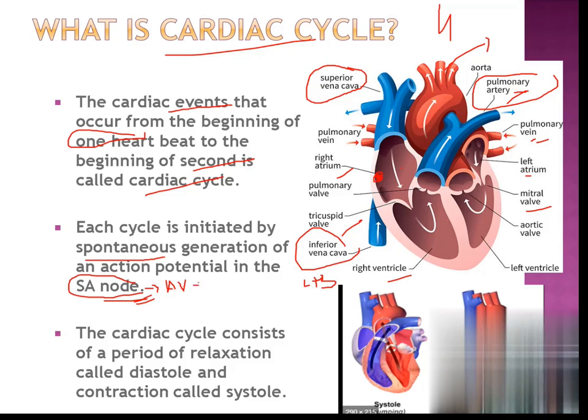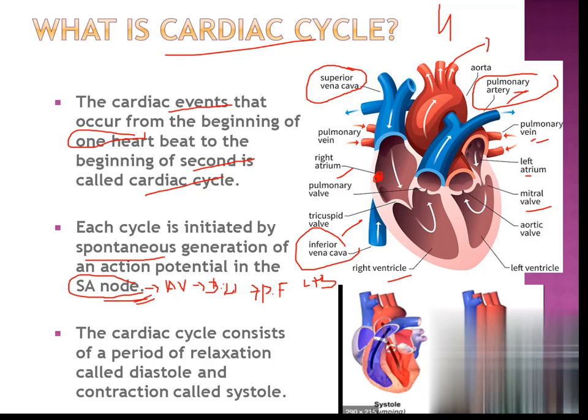Then from the AV node, it goes to the bundle of His. Then it goes to the Purkinje fibers. Now, this is how the conduction occurs. Then, from the Purkinje fibers, it goes to the ventricles, and the conduction occurs.